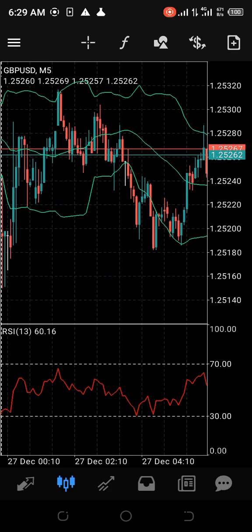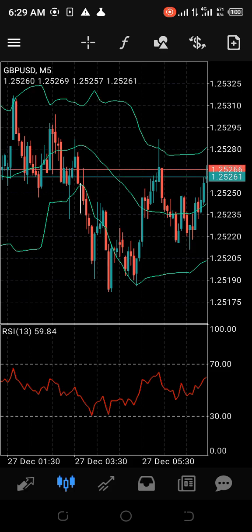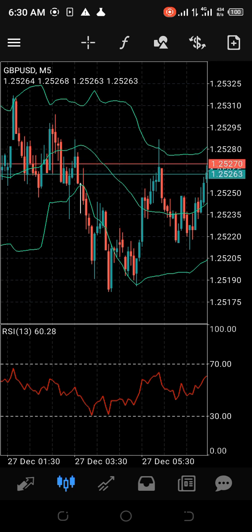Okay, now as you can see, here is our relative strength index. You can see the 30 here, which is the oversold signal, and the 70 here, which is the overbought signal. That is the default setting of the relative strength index. We are going to leave it like that. Then the Bollinger band, like I told you: see the upper band here, this green one at the upper side.